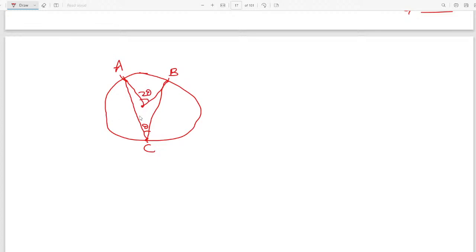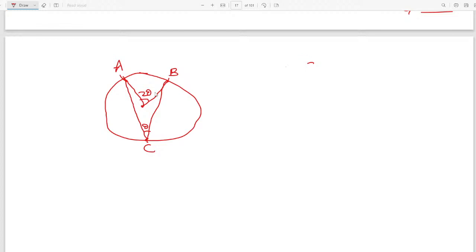This is one property that you have to remember. If the angle subtended at the circumference is theta, the angle subtended by the same arc at the center would be twice that. So this is 2 theta and this is theta. Remember this.